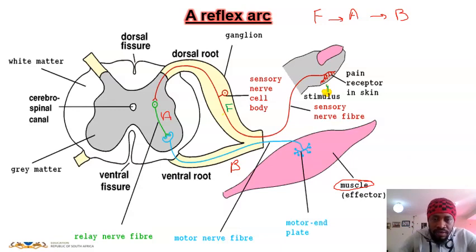That's a sequence. If I had to include other things, maybe this part here, the pain receptor is, let's say, X, and my effector is Y, it means my sequence will be from X to F, F to A to B, and B to Y.